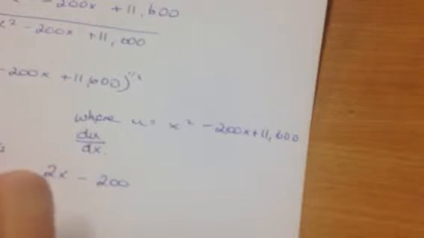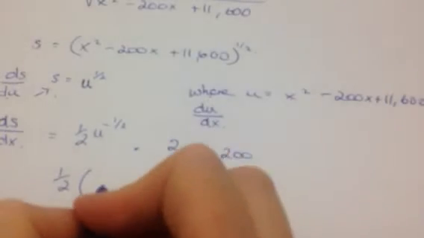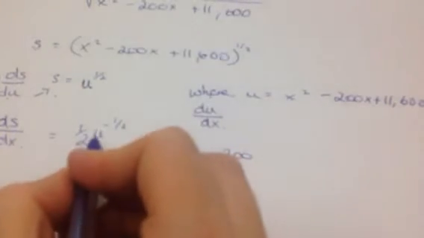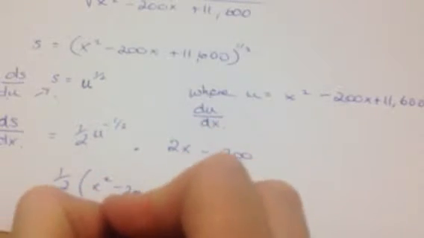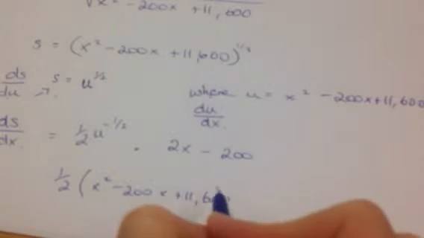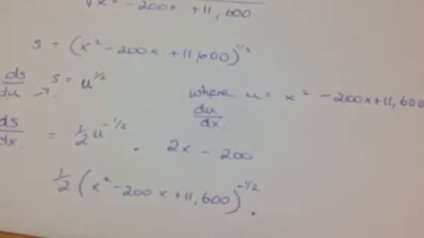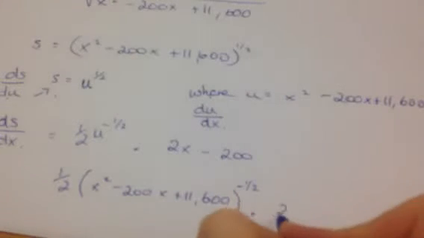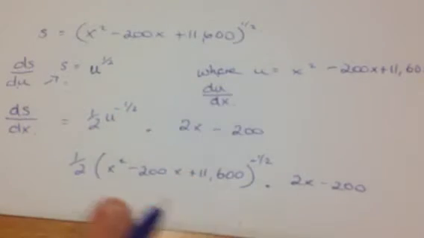So I have a half multiplied by, now I was the one who created this, so I'm going to replace it, x squared minus 200x plus 11,600 to the power of minus a half times 2x minus 200. And again, I need to clean this up.